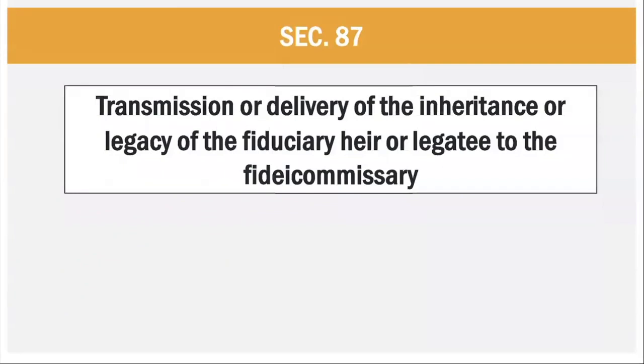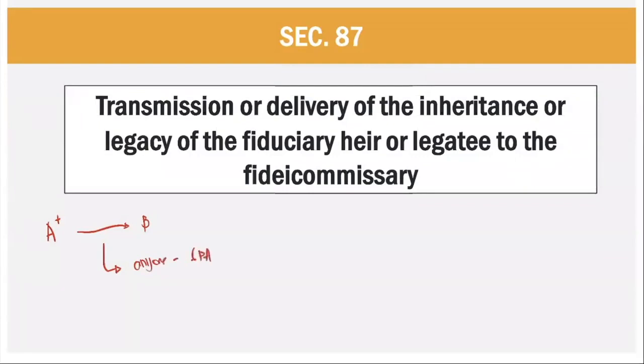So what do we have here? A transmission or delivery of the inheritance or legacy of the fiduciary heir or legatee to the fideicommissary. So the question here is, what is a fiduciary heir and what is a fideicommissary? Okay, so before we go there, let's have a recap on a general power of appointment, a special power of appointment. Okay, so A is the first decedent, transfers the property to B. However, under the will of A, sabi niya doon, B will transfer it to anyone.